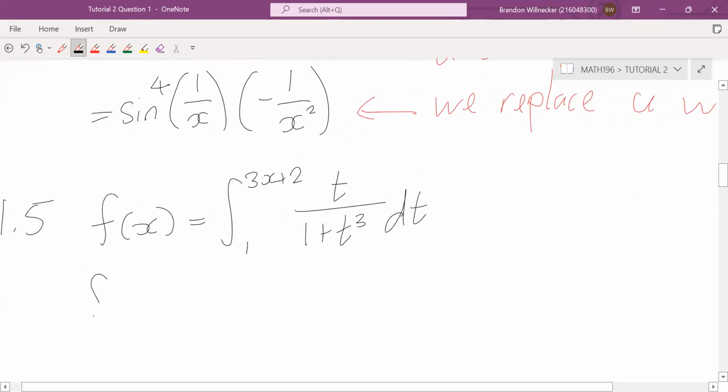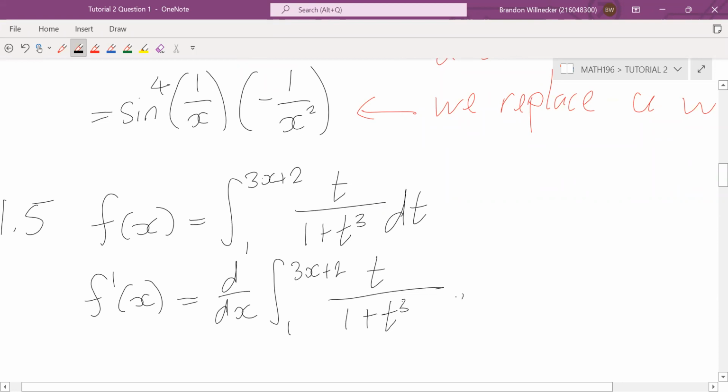Okay, and we want to find f prime of x. So that's going to be d by dx of the integral from 1 to 3x plus 2, t over 1 plus t cubed dt. Again, we've got this problem because this is a function of x. It's not just x.